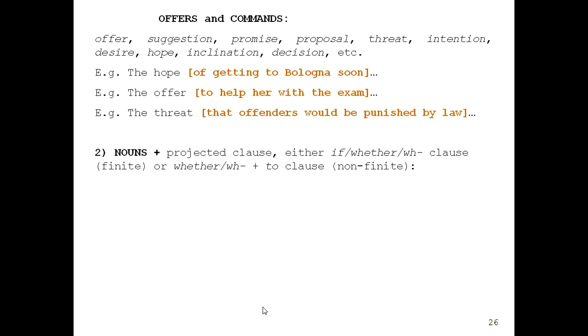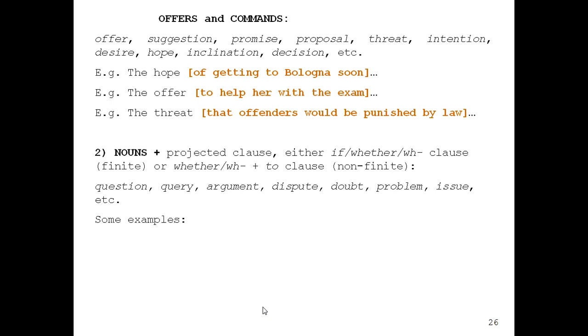Nouns can also project a clause introduced, for example, by when, if, whether, or a WH clause, introducing a locution, something that's spoken or something that's thought. Let's see an example. The question, how long the course could last, was asked.